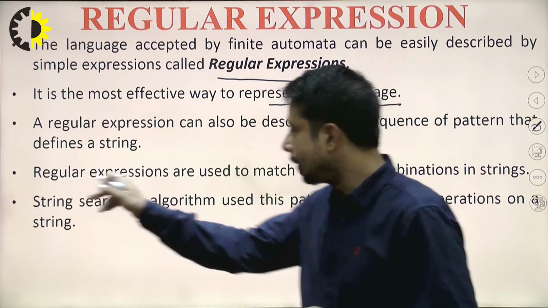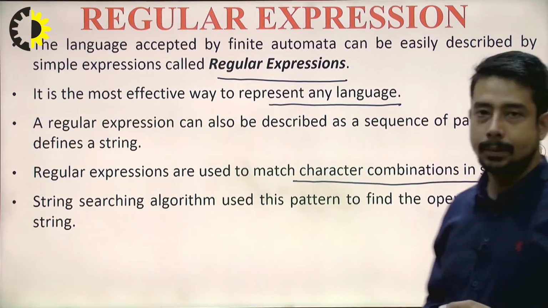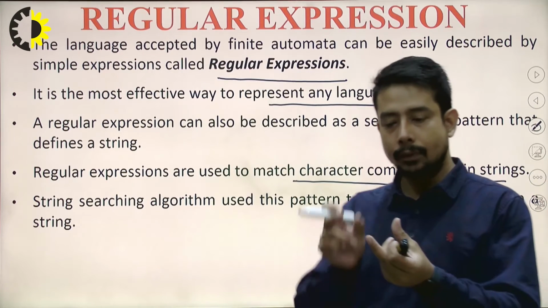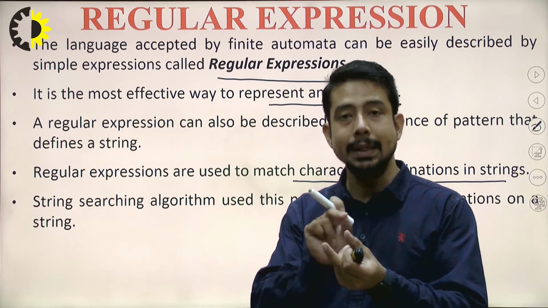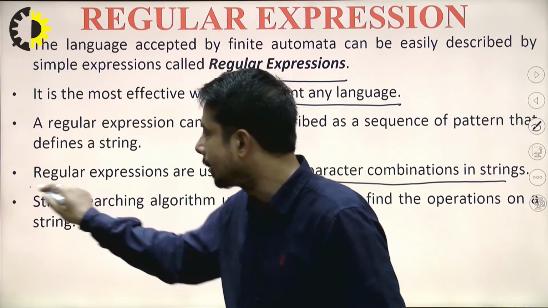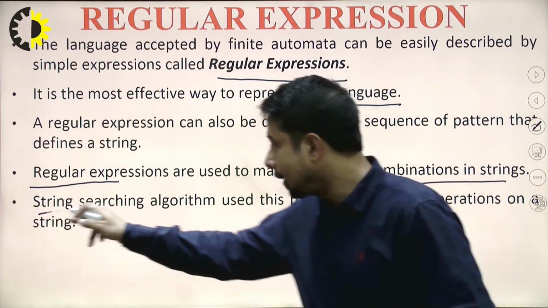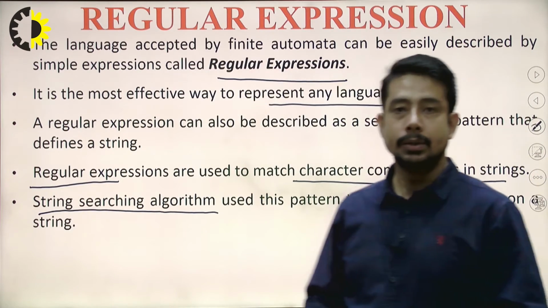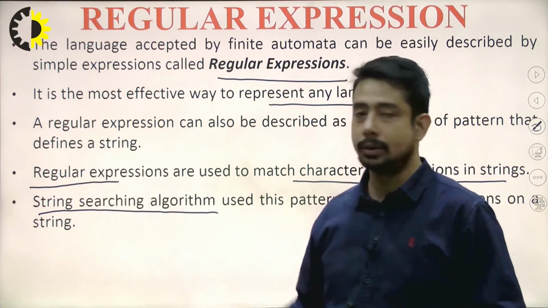Next comes, regular expressions are used to match character combinations in strings. Wherever strings are there, from those strings we need to match the character combination, and that can be easily done with the help of regular expressions. That is one kind of application for regular expressions. Next, the string searching algorithm is also based on the basics of regular expressions.